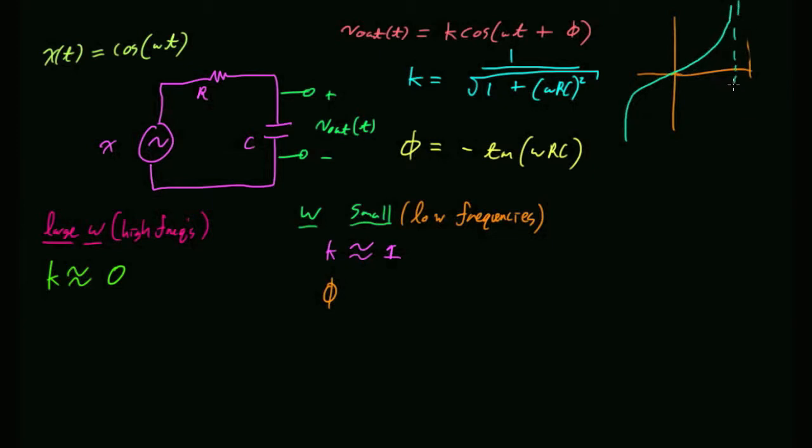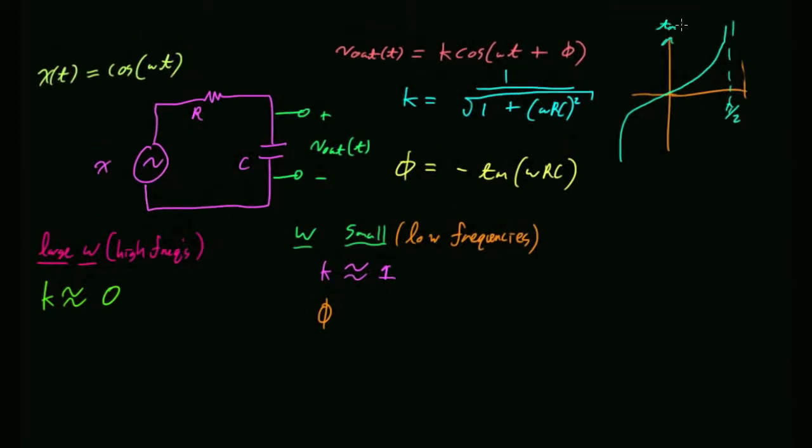There's tangent. So if omega is really small, then I'm taking inverse tangent of almost 0. So what angle has its tangent equal to 0? 0. In this case, your phase angle will be pretty close to 0.